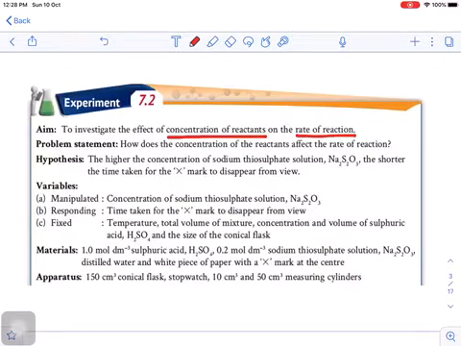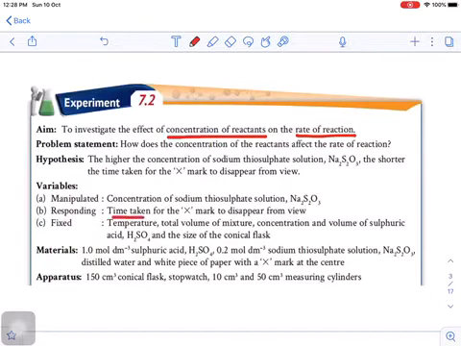Then, hypothesis: the higher the concentration of sodium thiosulfate solution, the shorter the time taken for the X mark to disappear from view. Our manipulated variable is the concentration of sodium thiosulfate. The responding variable is the time taken for the X mark to disappear.